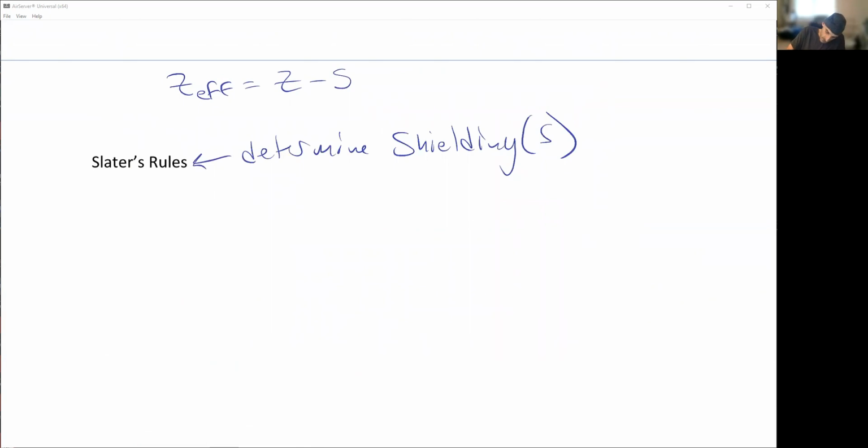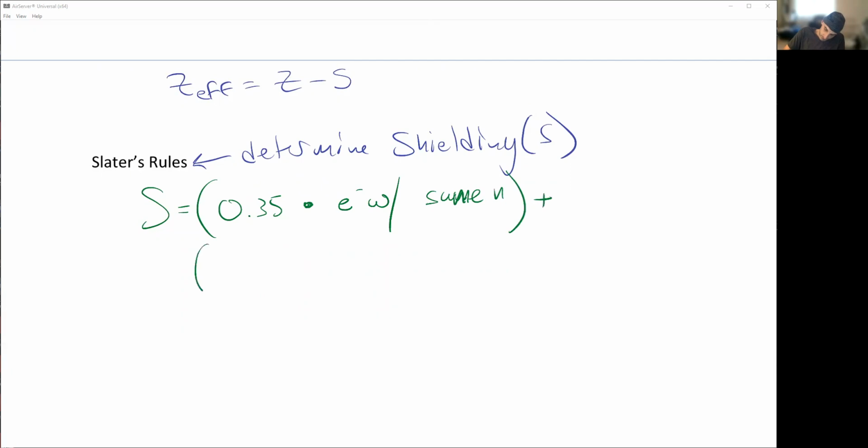So the S value, I use green because that's what I used above, is equal to 0.35 times any electrons with the same n value, okay?